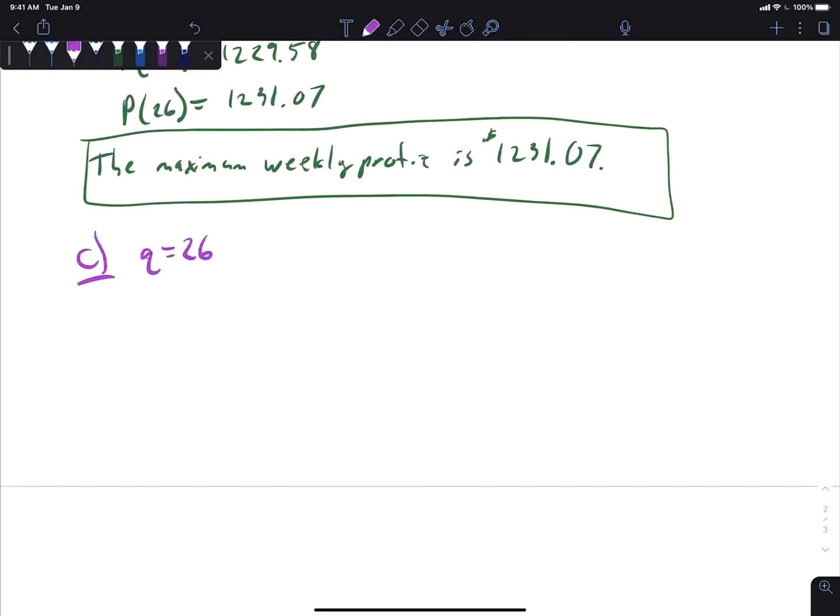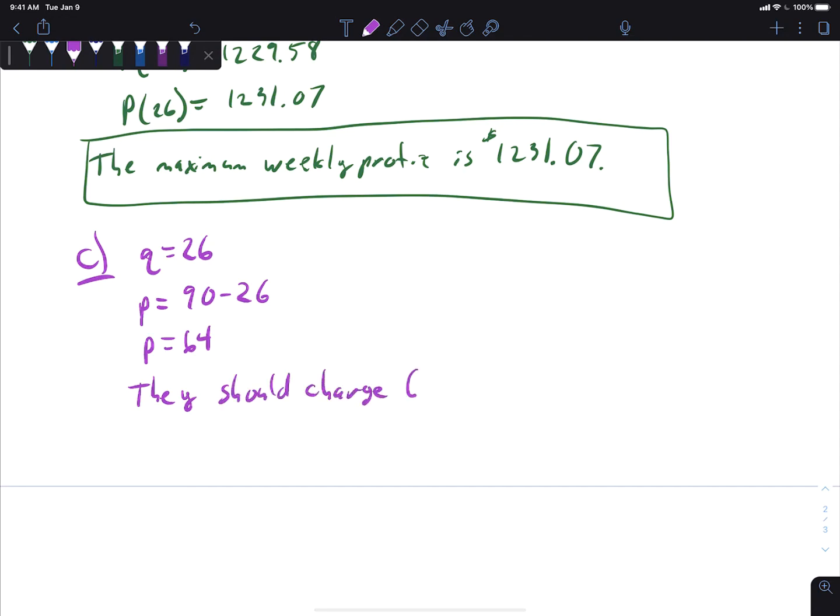So P is 90 minus the 26. So 90 minus 26 will give us 64. So there you go. They should charge $64 per bicycle.